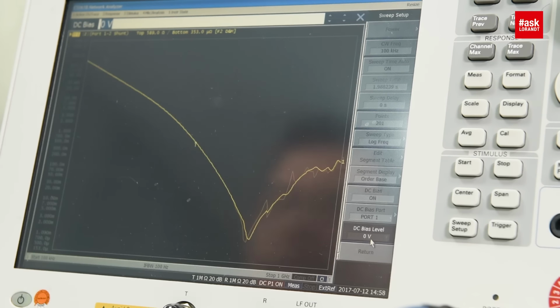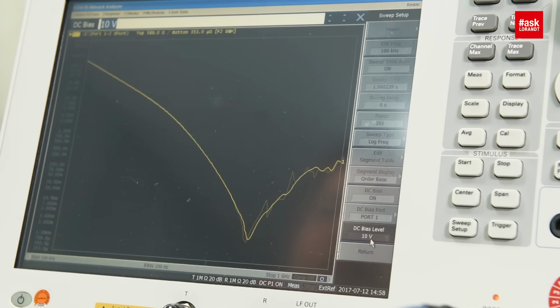It's a 10 volt type, you can go to 10 volt. Okay, so 0 volt, and now I will put 10 volt. Now we have 10 volt and no change at all. Yes, this is what we expected because class 1 ceramic NP0 has no dependencies on voltage.